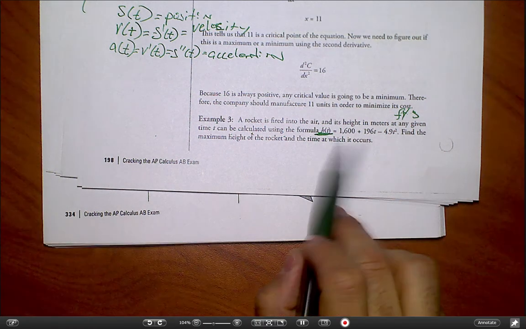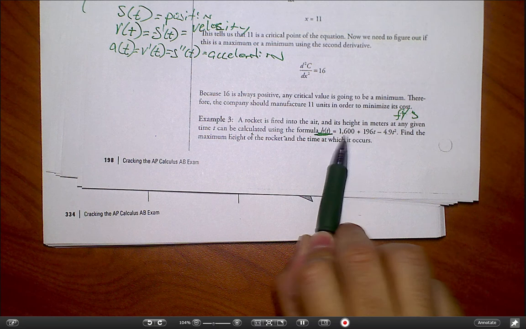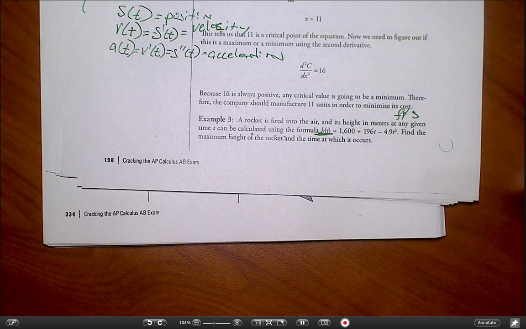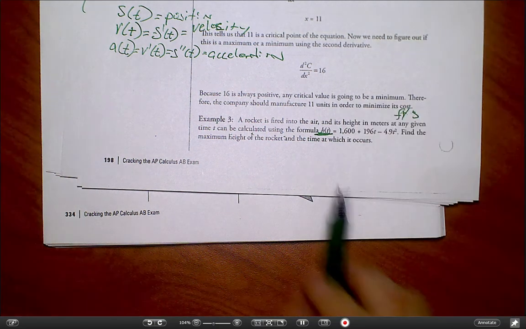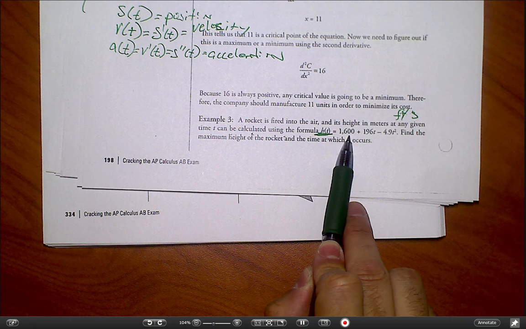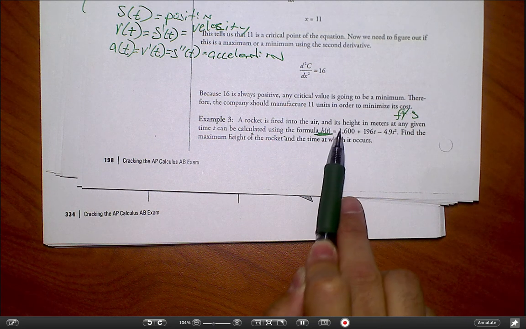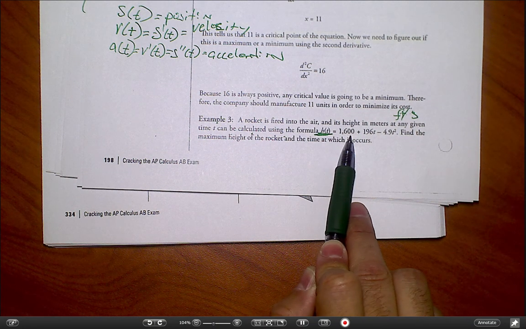It's actually starting at a height. So if I put in 0 for this, my starting height is 1600. So that's going to be my starting position. So I can start with 0.